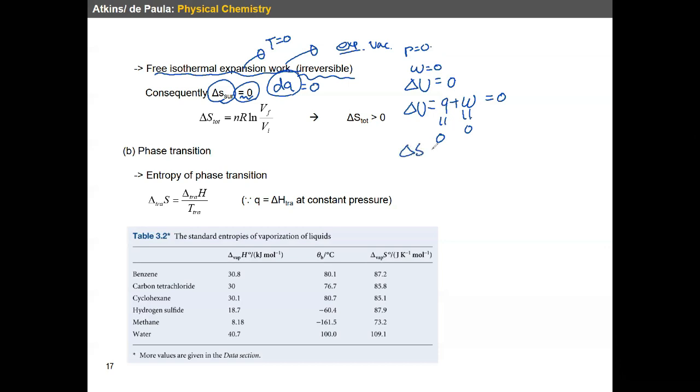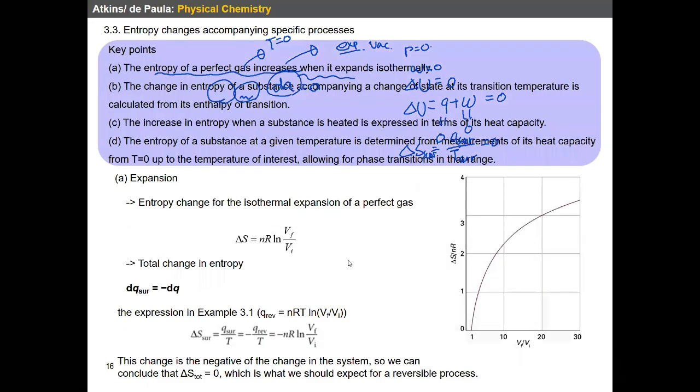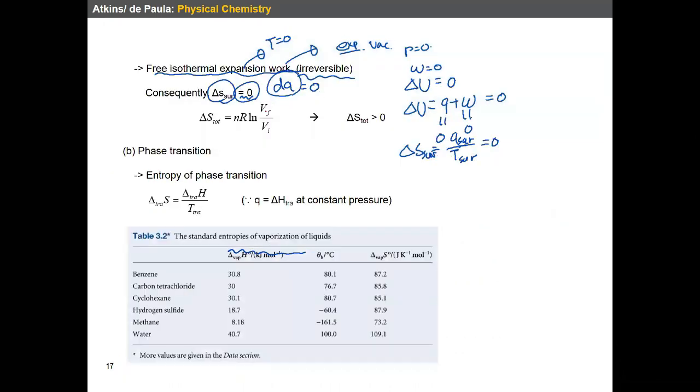So delta S surrounding is Q surrounding over T surrounding. So that's why this is also zero, right? So in that case, we can simply say that the total entropy of the system is just like this.